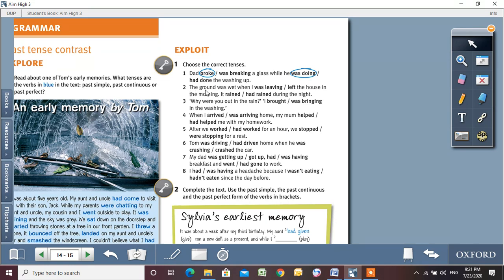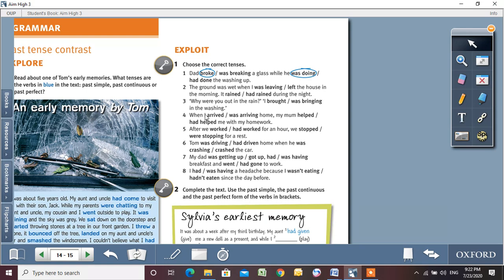The ground was wet when I left the house in the morning. It had rained during the night. Number 3. Why were you out in the rain? I was bringing in the washing.